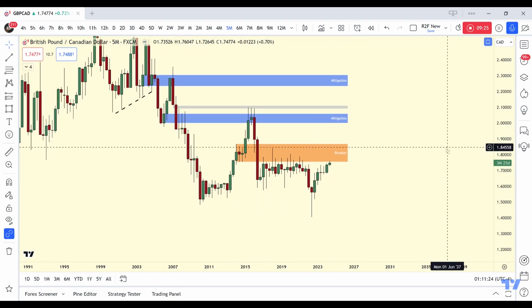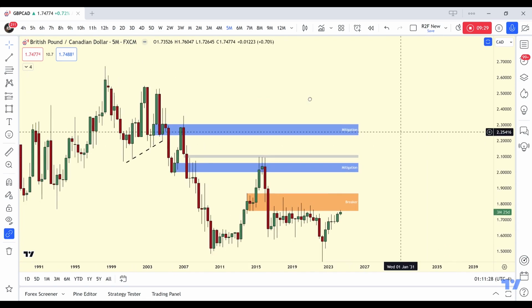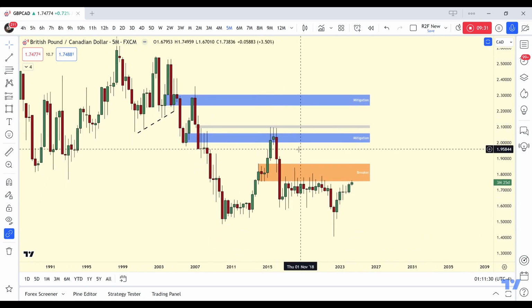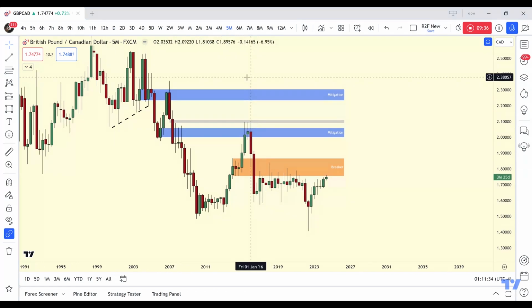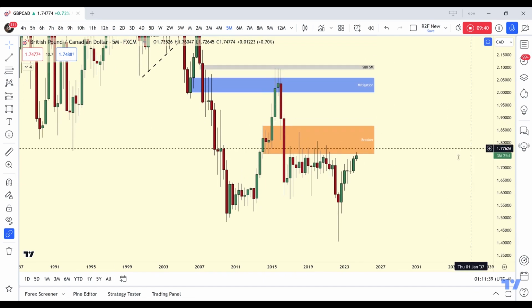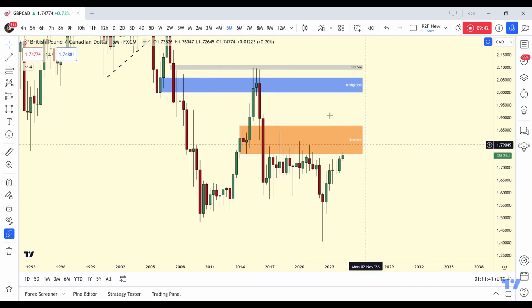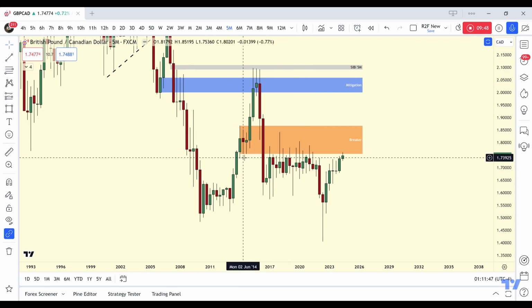Some people say breaker has to take external range liquidity. I don't think so. There's liquidity up here, and this is a higher time frame overall structure compared to this one. So when it comes to labeling your breaker or mitigation block, it's at your discretion.